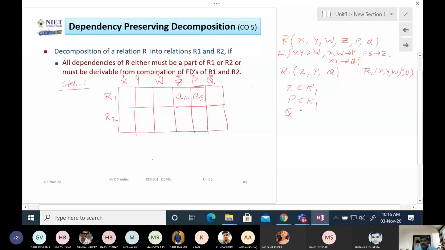Q belongs to R1, then this cell is initialized with A6, and the rest of the cells are initialized with B11, B12 and B13. Did you get it? Now initialize the second row.